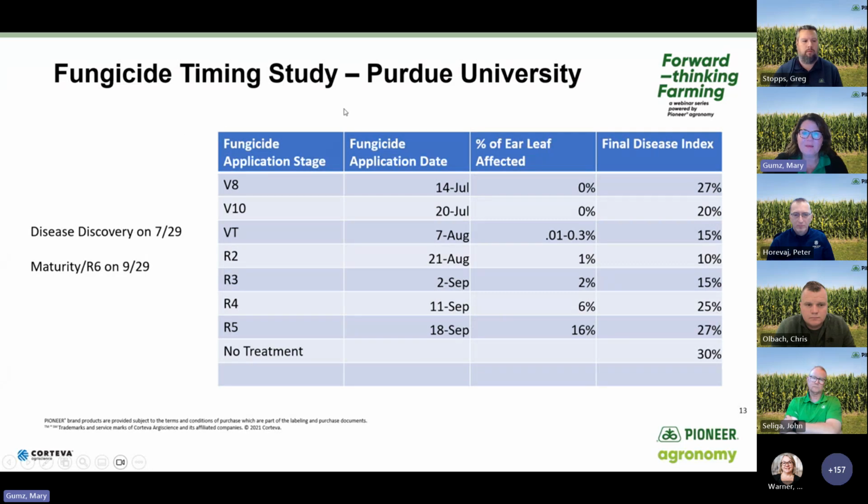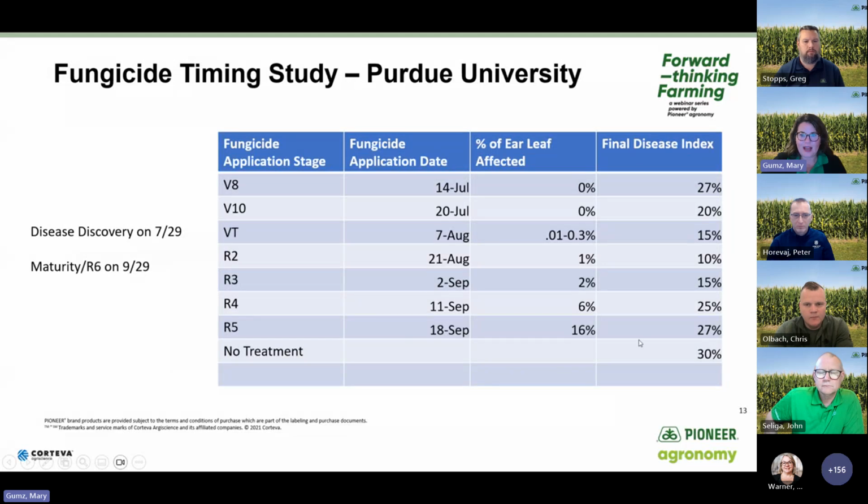This is a fungicide timing study done by Purdue University. And in this, they went ahead and sprayed fungicide at every stage just to evaluate how effective the spray was. They discovered the disease on July 29th, so that was between V10 and tasseling. The crop became mature on September 29th.